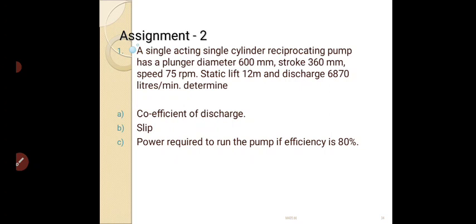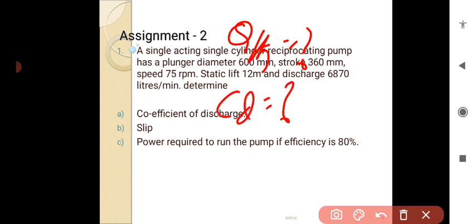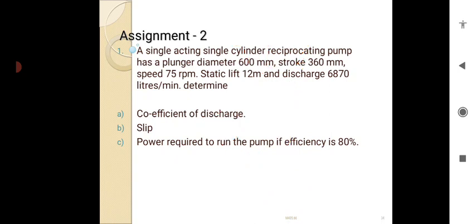So what do we have to calculate? First theoretical discharge, then coefficient of discharge, third the slip, and power required to drive the pump. So we have to calculate all these four. Okay, let us solve this problem.